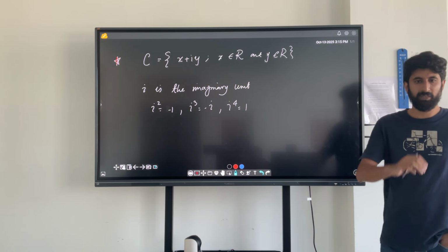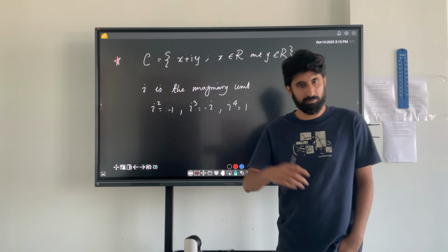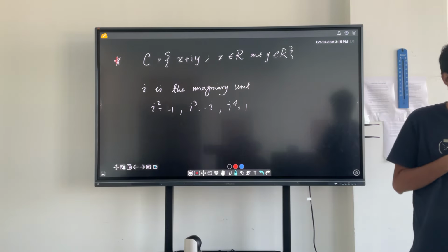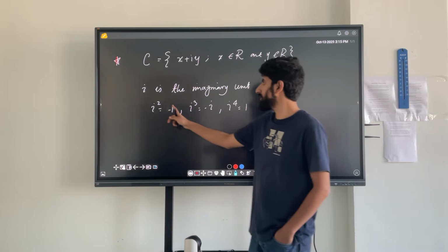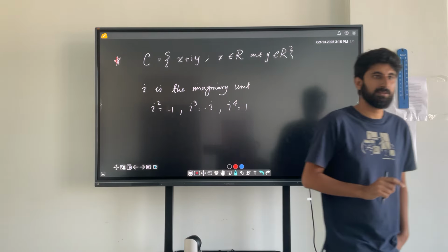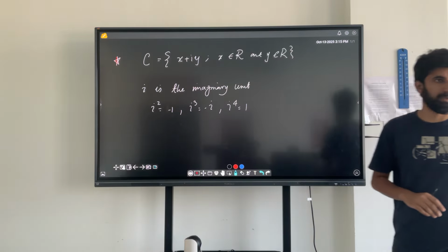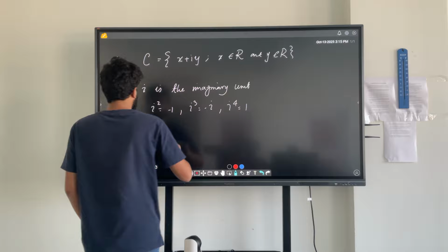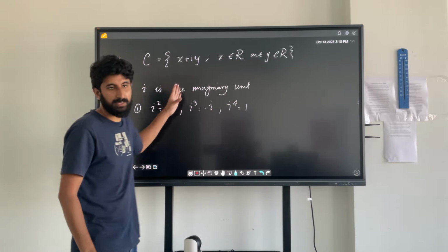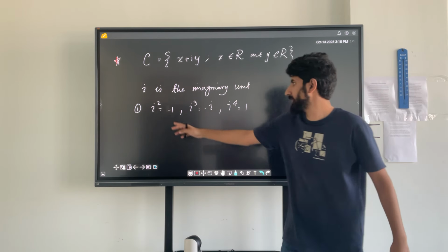You might already know some applications, but we will learn slowly what applications it has. This simple additional construct that iota square is minus 1 leads to some very useful results. But that is for later; this is the first defining characteristic of the set.